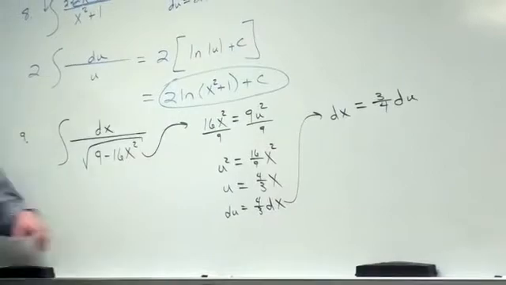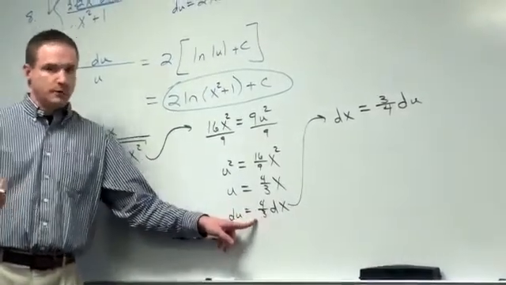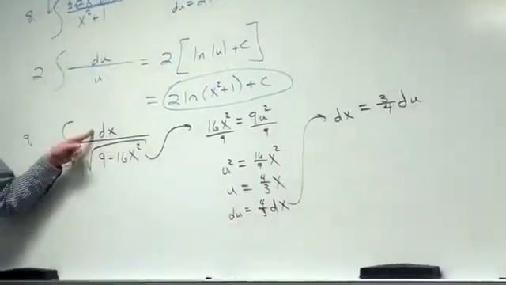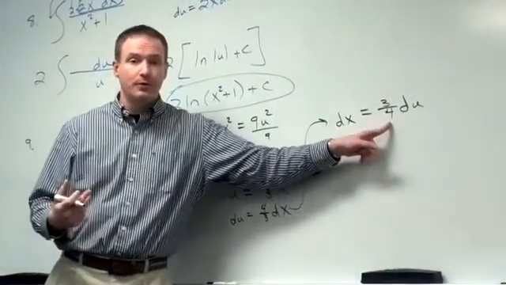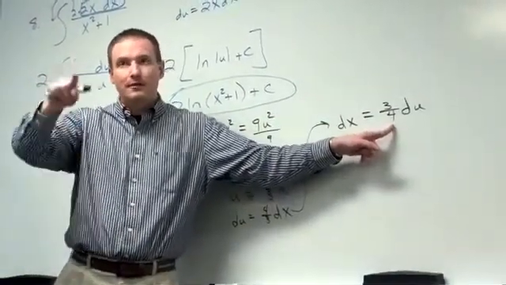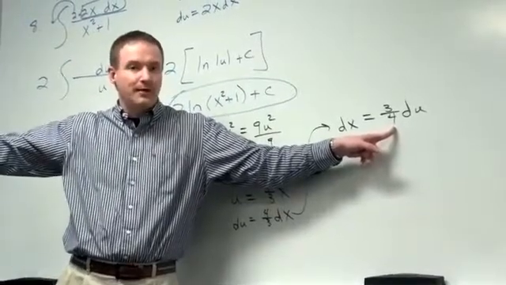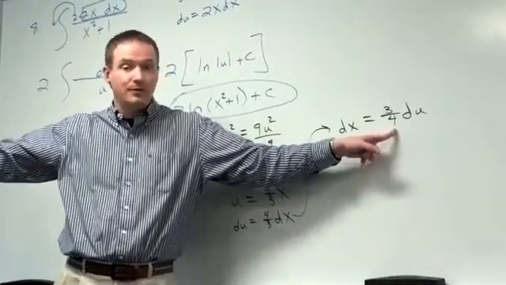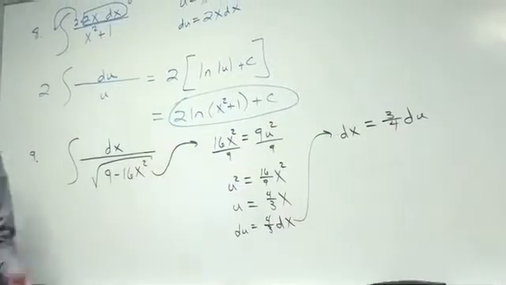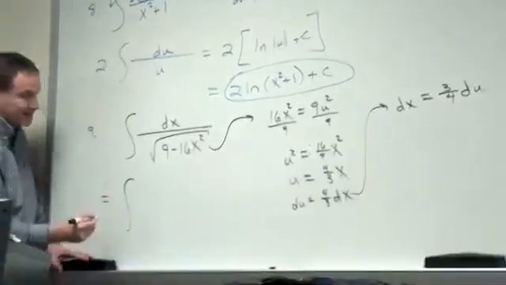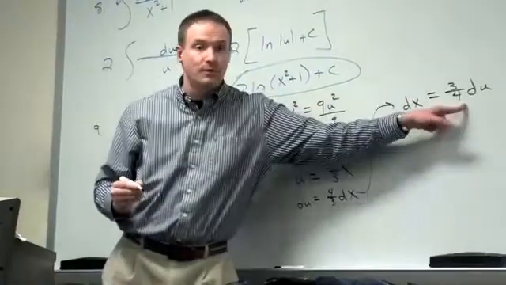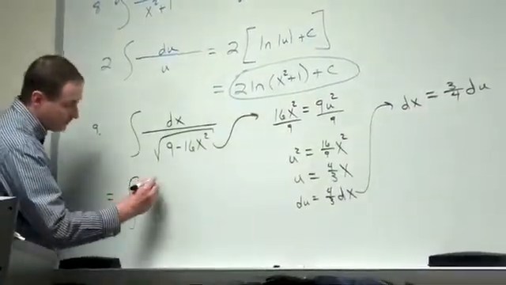So I'm not going to worry about saying, oh, well, I needed a 4/3 dx in there and put in a 4/3 dx. I'm going to replace dx with 3/4 du. And notice that 3/4 can be brought out front anyway, which is the same thing you'd have to do the other way. Doesn't matter either way you'd work it. So I'll say, okay, that numerator, dx gets replaced with a 3/4 du.